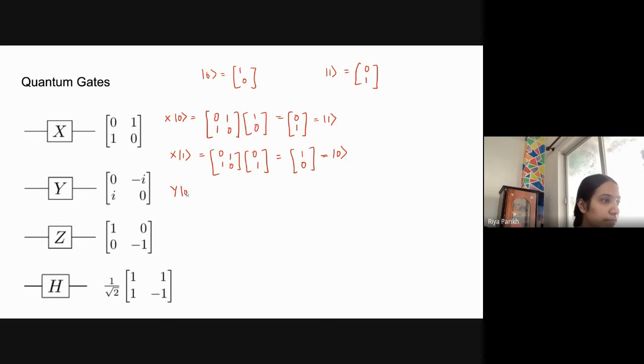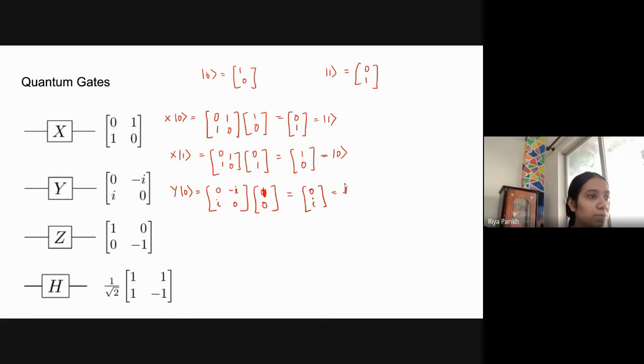So Y applied to state 0, with the matrix of Y. Notice that we are using i because these are complex, and we also have complex probabilities as a state in qubits. Applying it to state 0, we do matrix multiplication and we obtain 0, i.